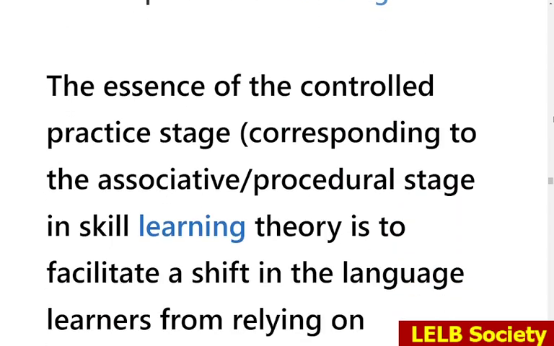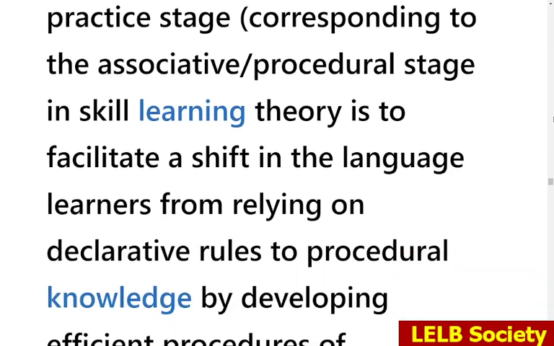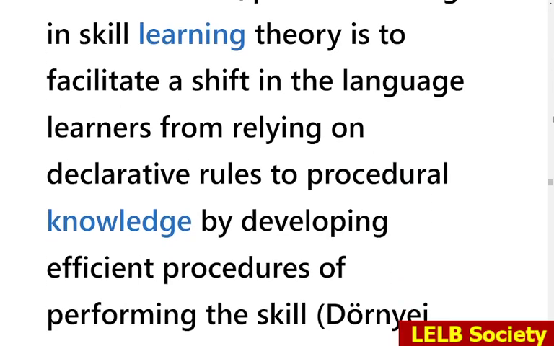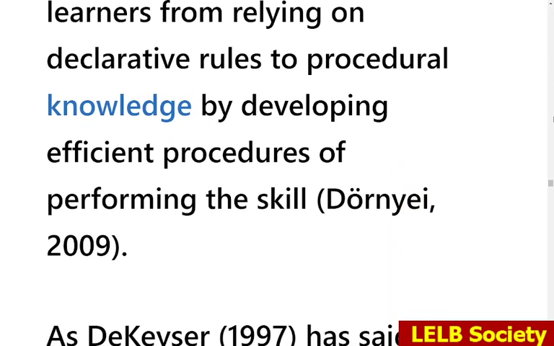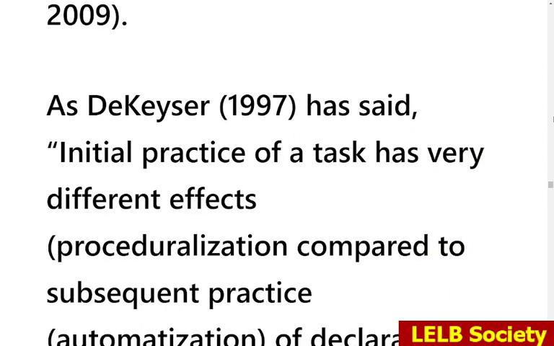And the essence of the controlled practice stage, corresponding to the associative or procedural stage in skill learning theory, is to facilitate a shift in the language learner's performance from relying on declarative rules to procedural knowledge by developing efficient procedures of performing the skill. Dörnyei, 2009. As DeKeyser 1997 has said, quote, initial practice of a task has very different effects.